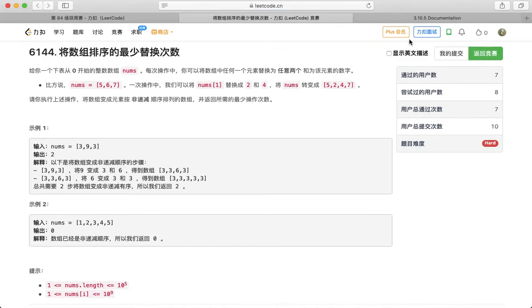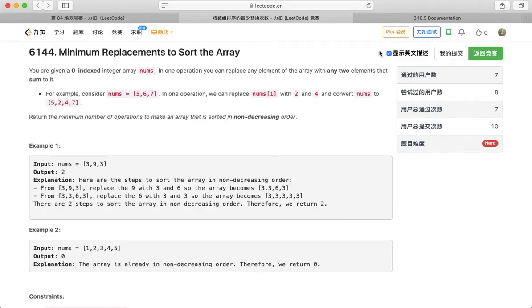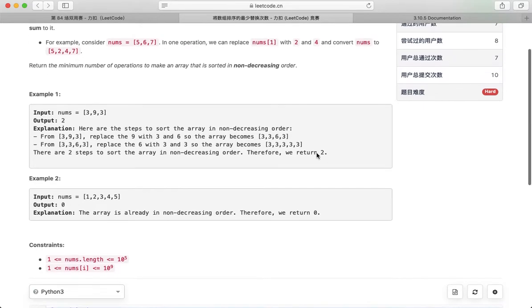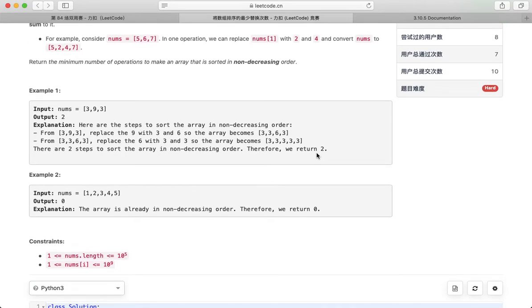And not too difficult. Sorted in non-decreasing order. So it doesn't make sense to break the last one and then we go from back to front.